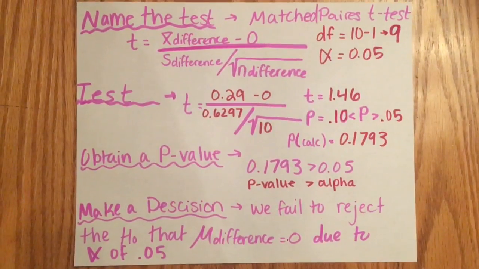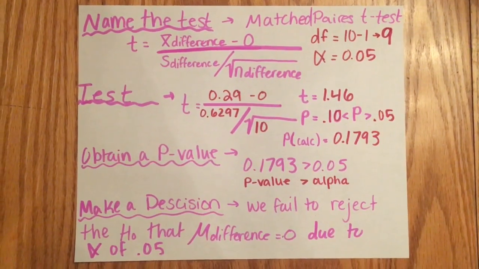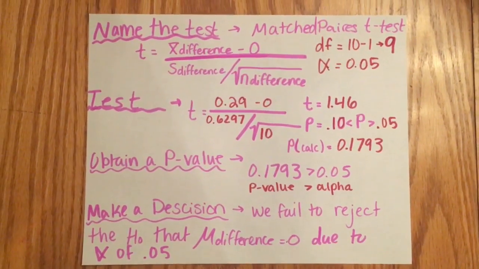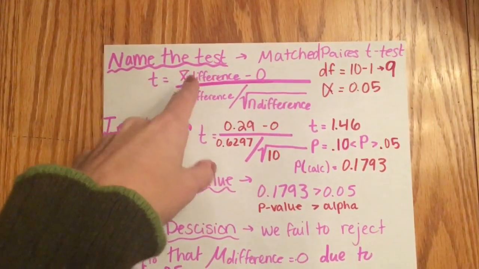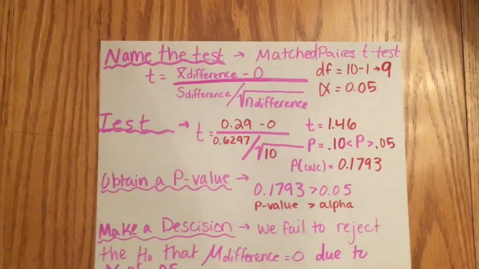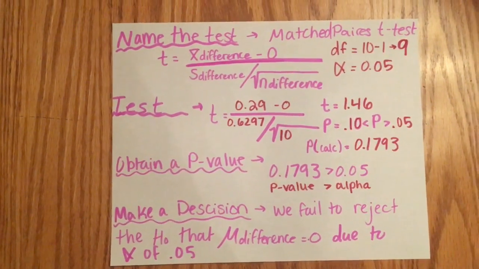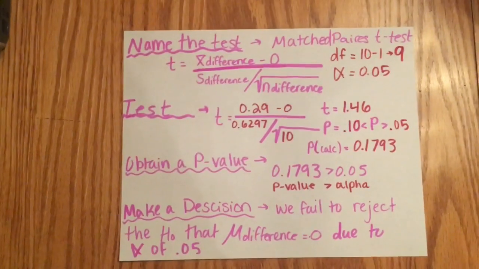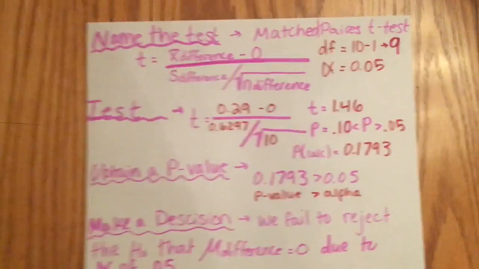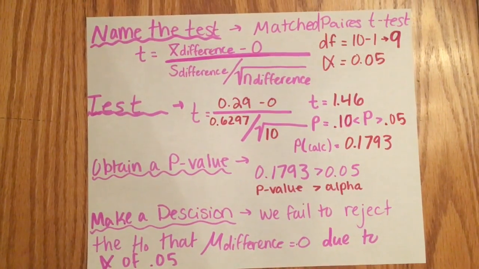Okay, so continuing with PHANTOMS, our n is name the test, and this would be a matched pairs t-test, which is t equals the mean difference minus 0 divided by the standard deviation of the difference divided by the square root of n of the difference. So I obtained our degrees of freedom, which is 10 minus 1 equals 9.